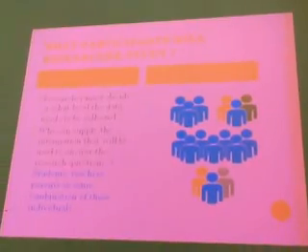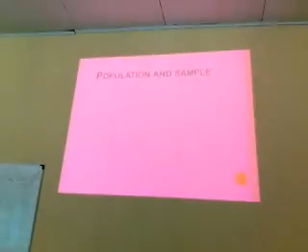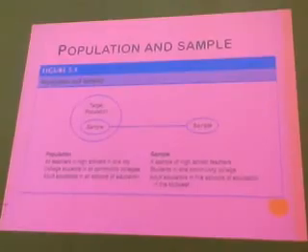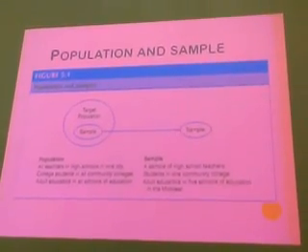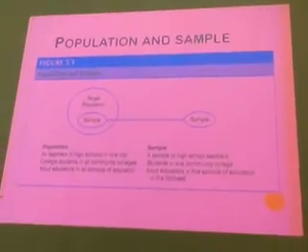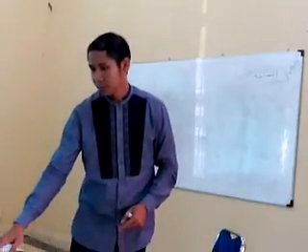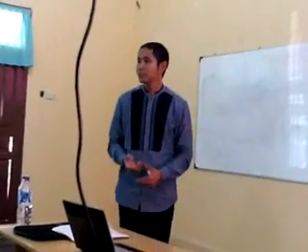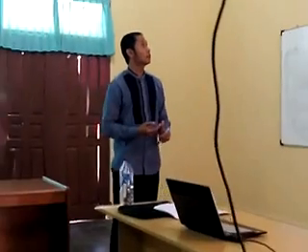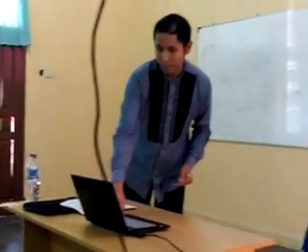Let's see the next one. Here it is, population and sample. Like I told you before, this is the figure. What is population? What is sample? Now I'm telling you what types of quantitative sampling strategy there are.